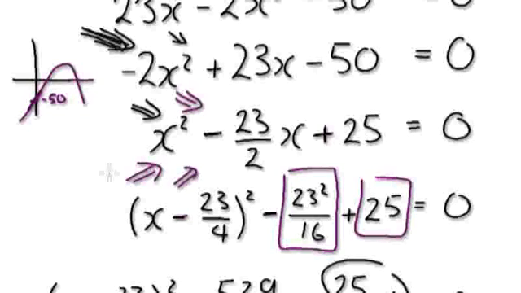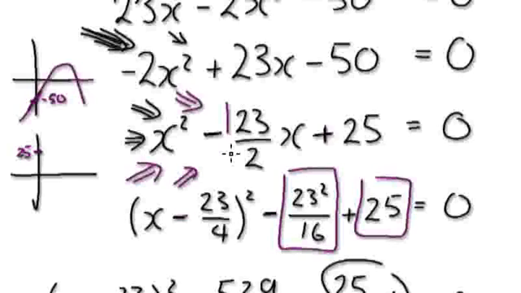Now let's sketch this graph here. It has an intercept of 25, so this here will be 25, and it has a negative gradient, something like this.